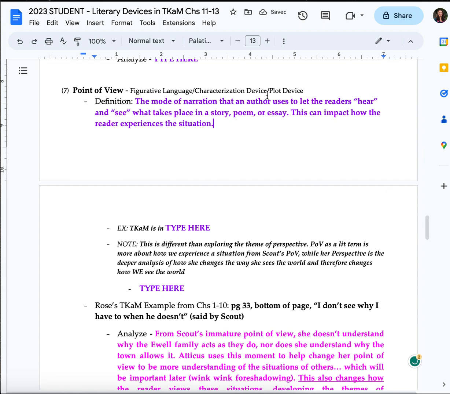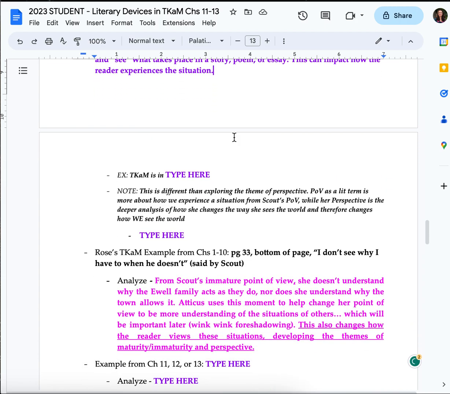And I'm back. So point of view is the mode of narration that an author uses to let the reader hear and see what takes place in a story, poem, or essay, or any written expression. This can impact how the reader experiences the situation.